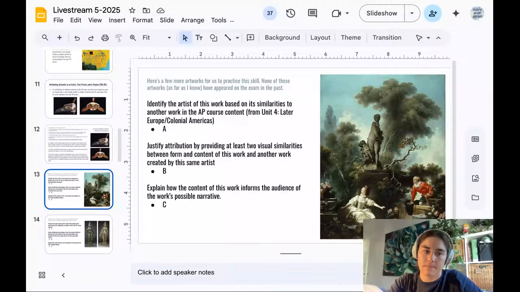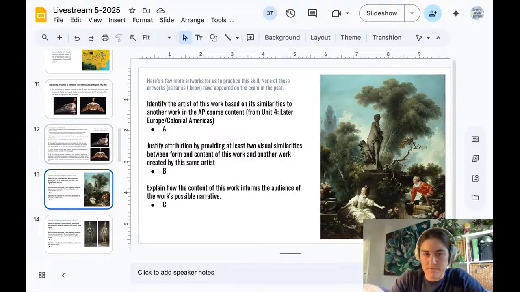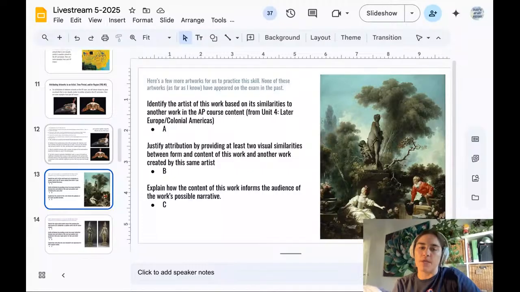Alrighty. So this is a question that I made up. This artwork is from Unit 4, which is later Europe and the colonial Americas.